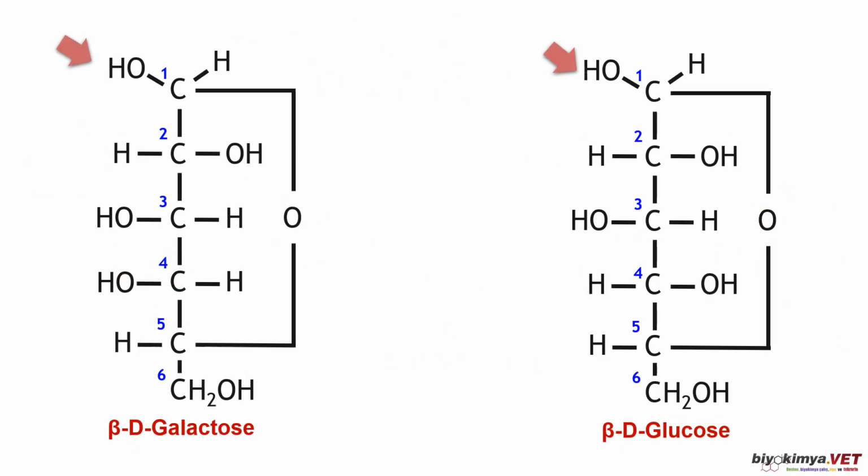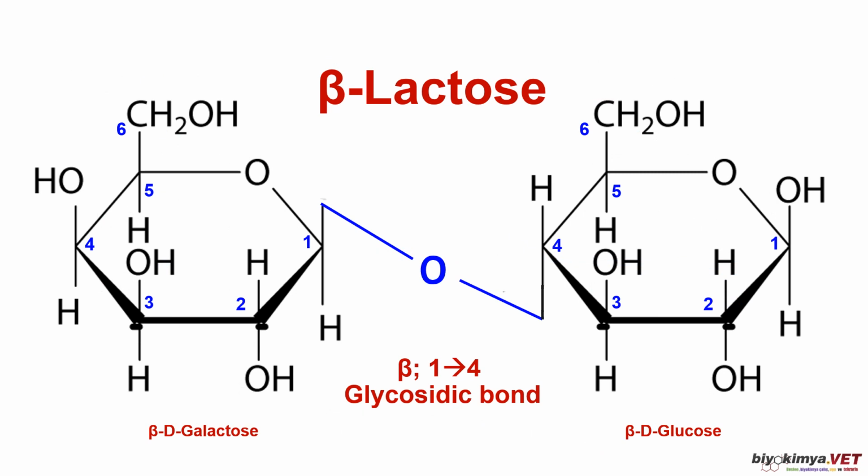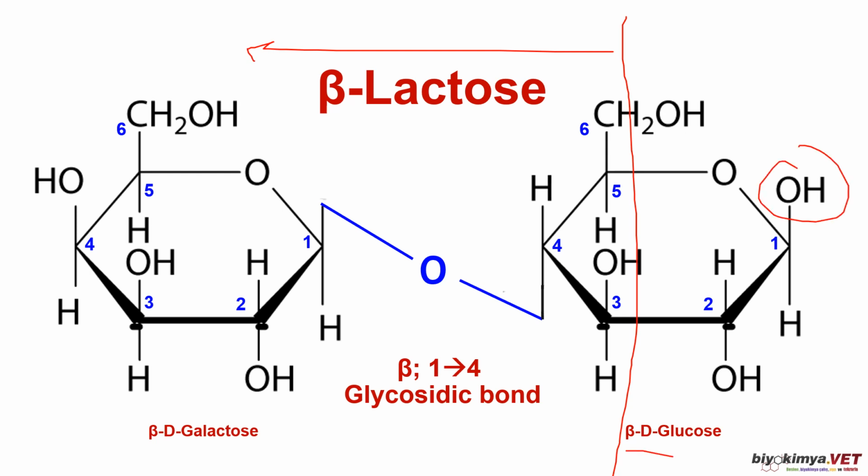So the bonding pattern is the same in the beta lactose, but the difference is in the glucose. It's in beta anomer. And here is the projection. The pattern that forms the beta lactose is the same as you see here. The difference is the beta glucose here, and it has a reducing feature.